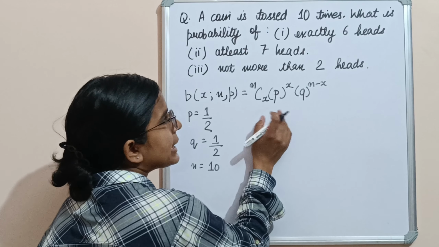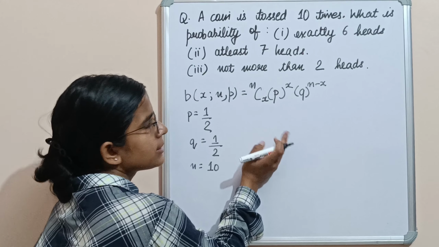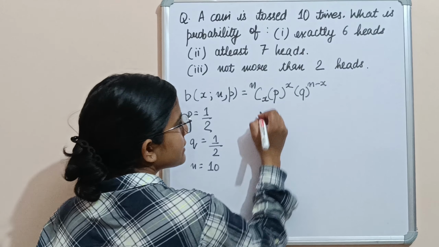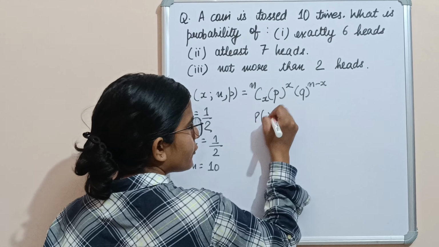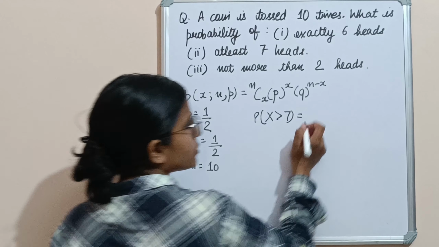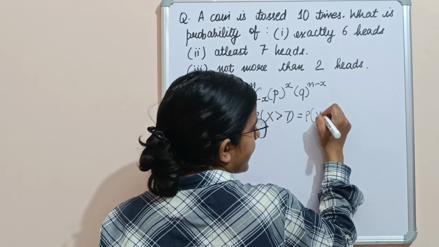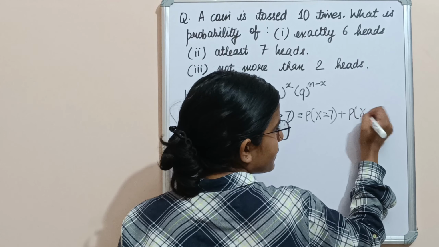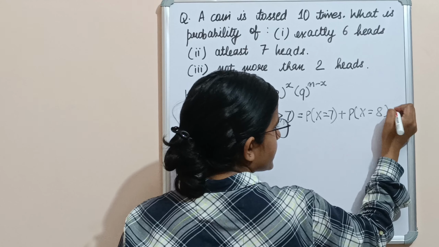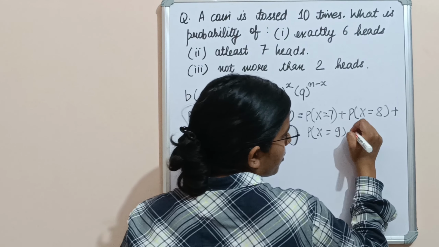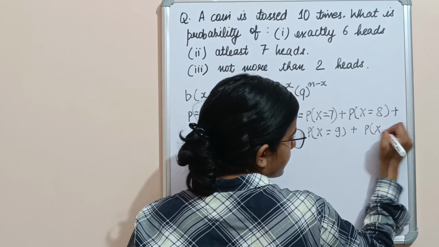Now, getting at least 7 heads means getting 7 heads or more than 7 heads. So this will be probability of x greater than or equal to 7, and this will be equal to probability of x equal to 7 plus probability of x equals 8 plus probability of x equal to 9 plus probability of x equals 10.